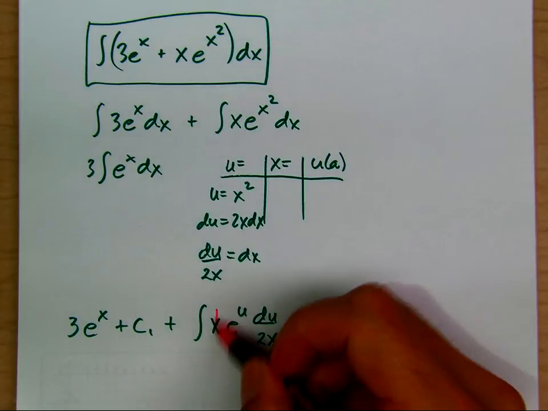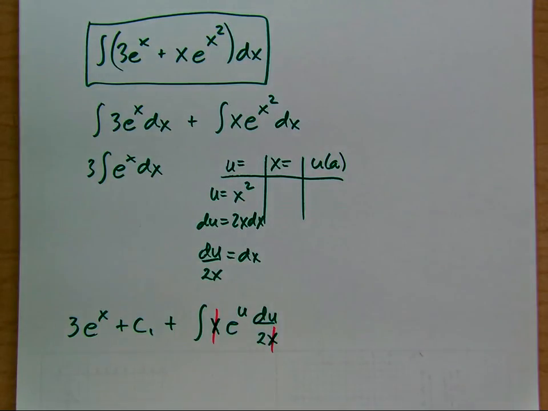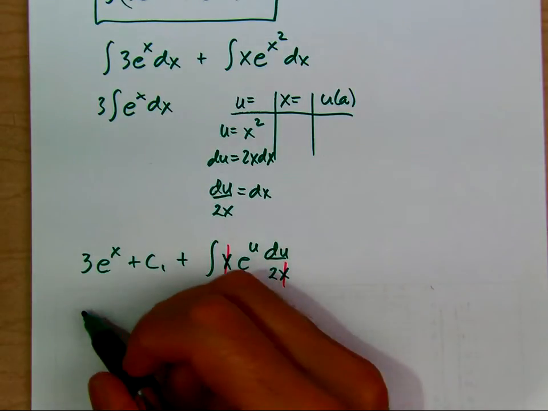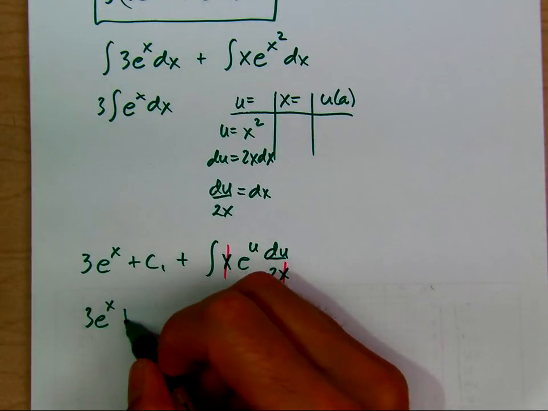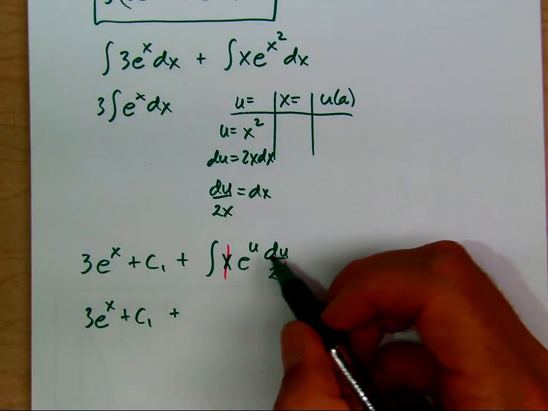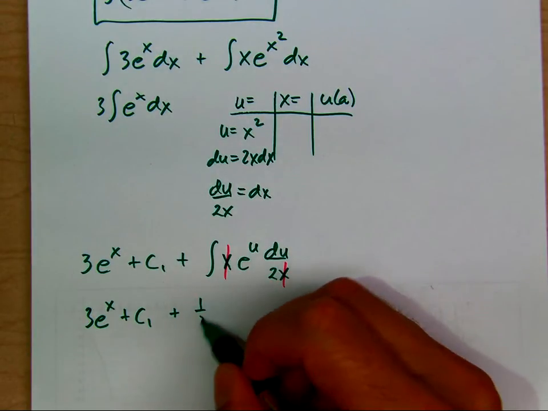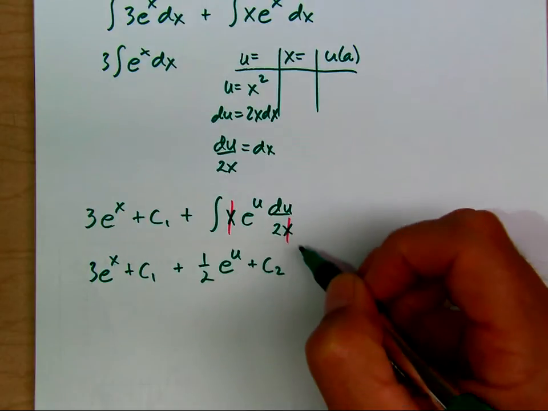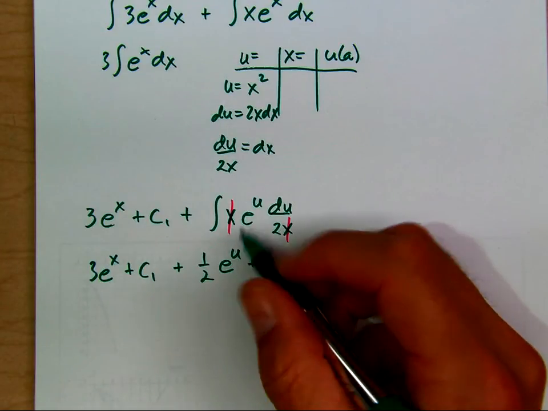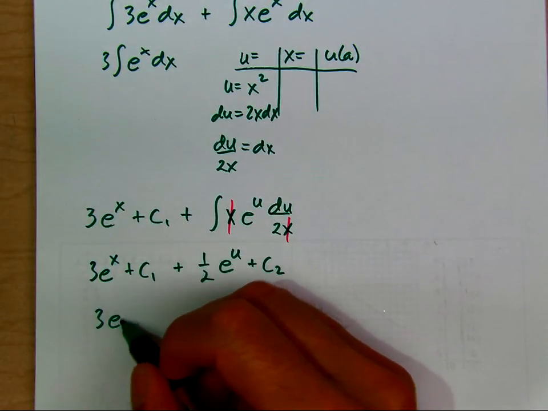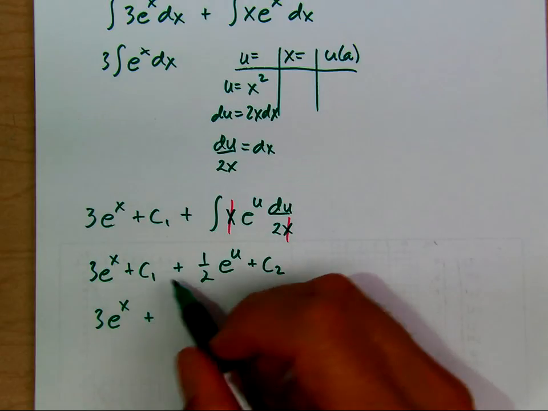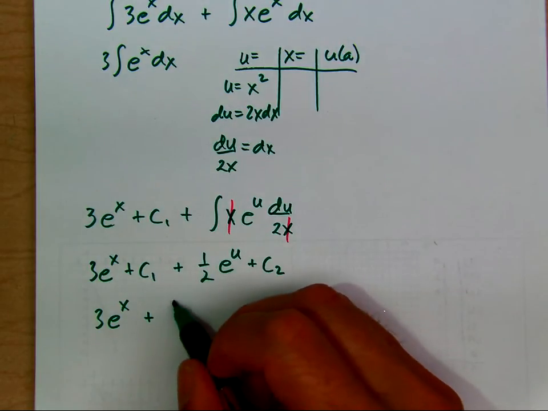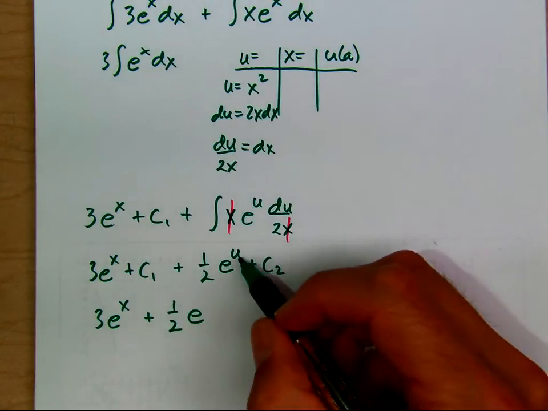So we get to cancel the x. And we'll have 1/2 e to the u plus c2. And we know u is x squared, so we have 3e to the x plus, and we're going to combine c1 and c2 as a c, 1/2 e to the x squared.